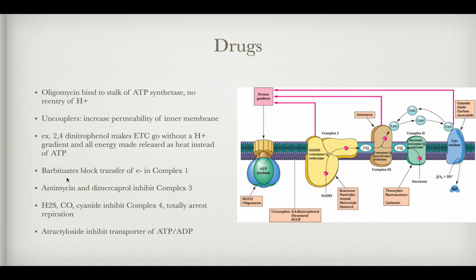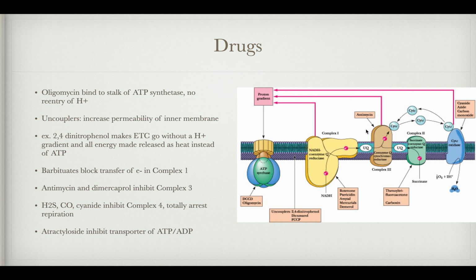So barbiturates will block the electron transfer in complex 1. And those would be like rotenone, piericidin, amytal, and mercurial and dimercaprol. That will block complex 1. Antimycin and dimercaprol will inhibit complex 3.